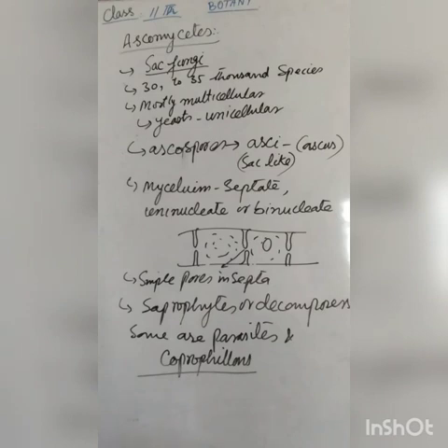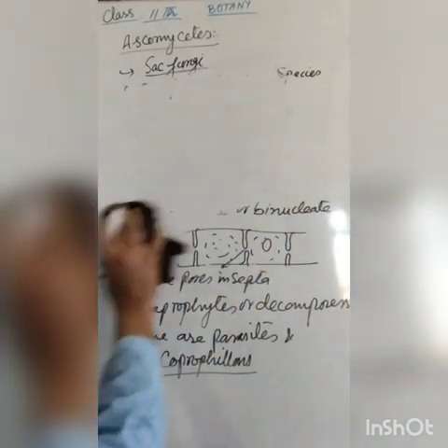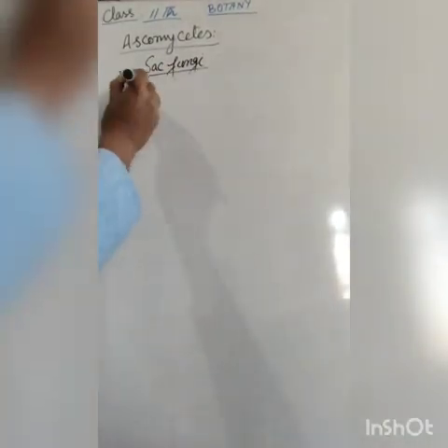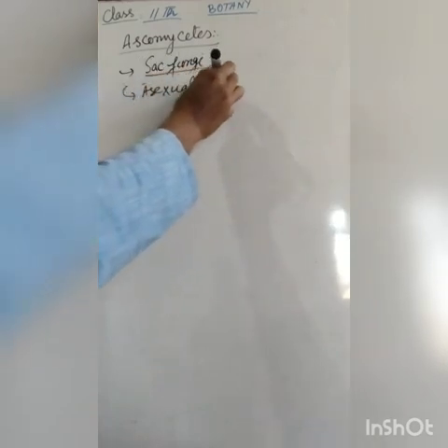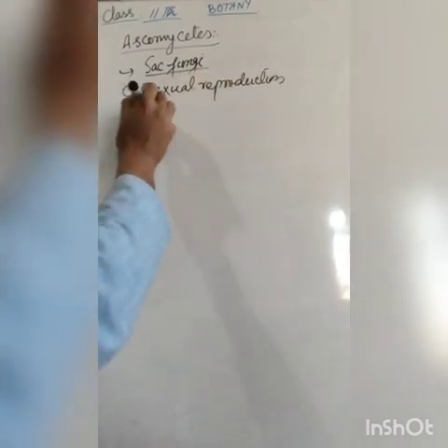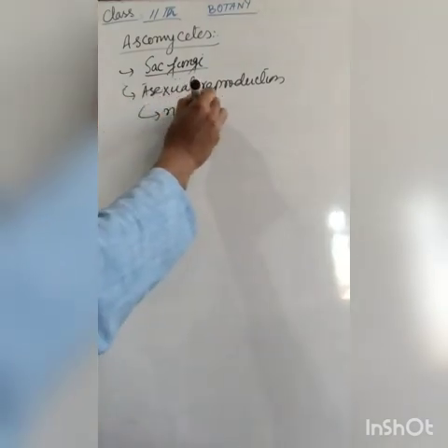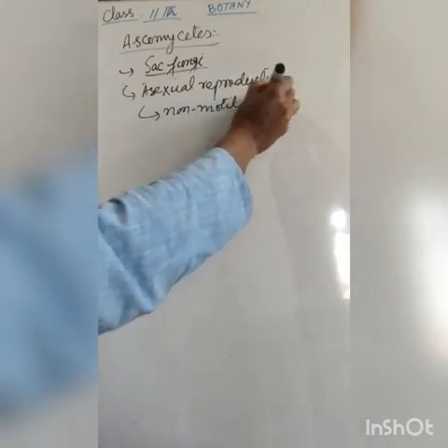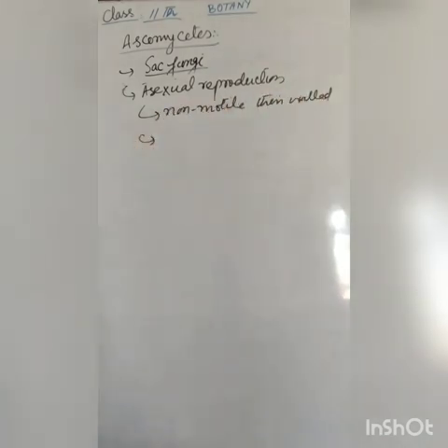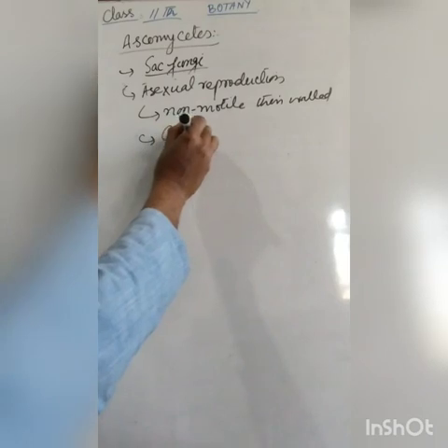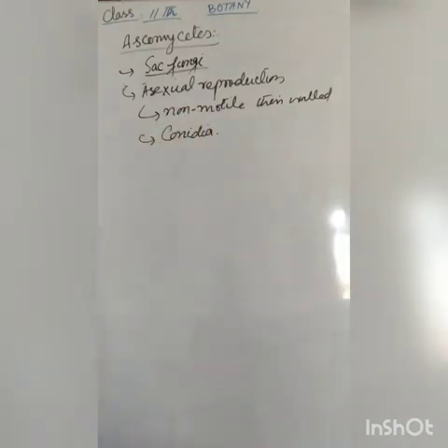Asexual reproduction in Ascomycetes occurs by the formation of non-motile, thin-walled mitospores called conidia.